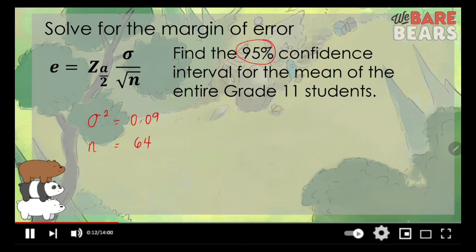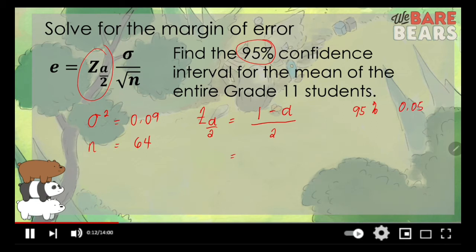So first, kunin muna natin yung z-value at 1 minus alpha over 2. So we now have z value sub alpha over 2 that is equal to 1 minus alpha all over 2. The given level of confidence is 95%. So therefore, the alpha is 0.05.